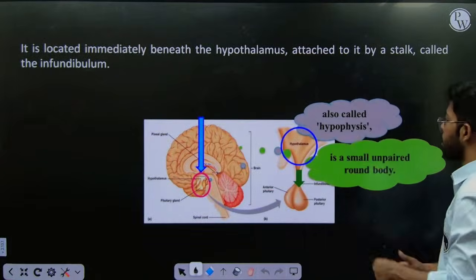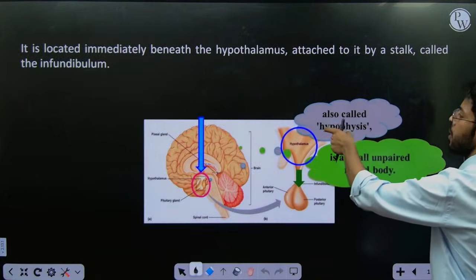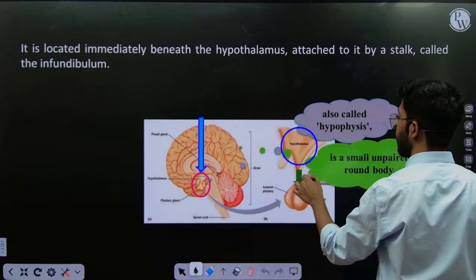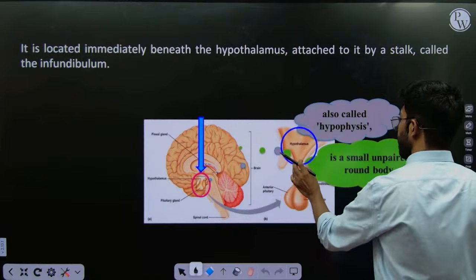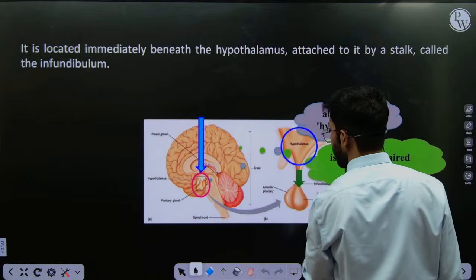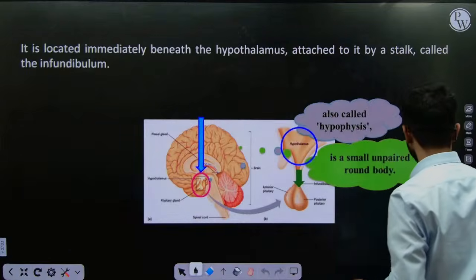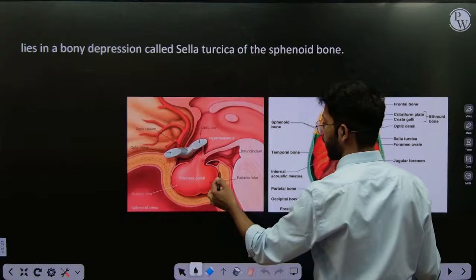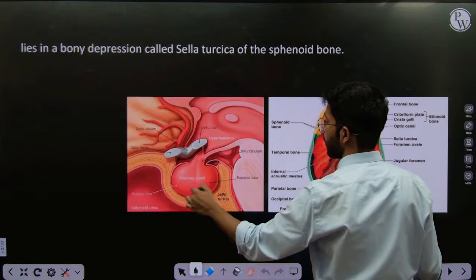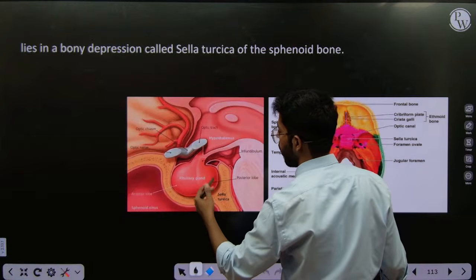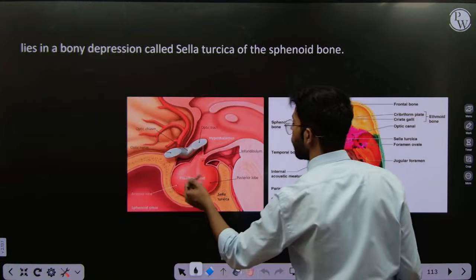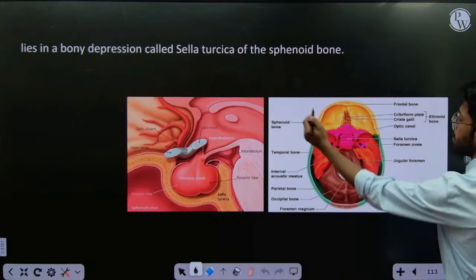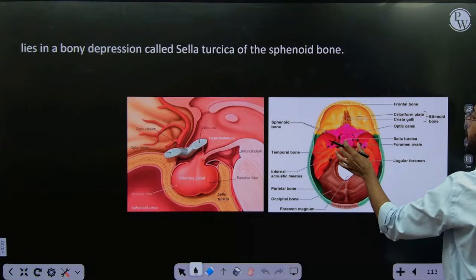The pituitary is also known as the hypophysis, a small, round body with a direct connection with the hypothalamus, which is also known as the stalk or the infundibulum. This is the sella turcica cavity and the sphenoid bone, butterfly shaped and H shaped.